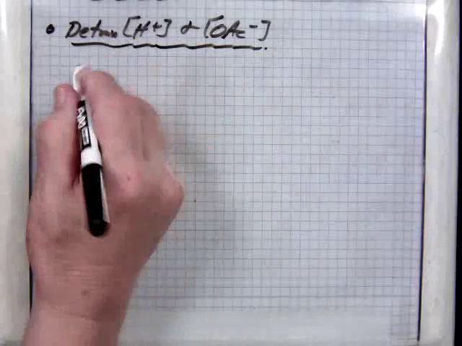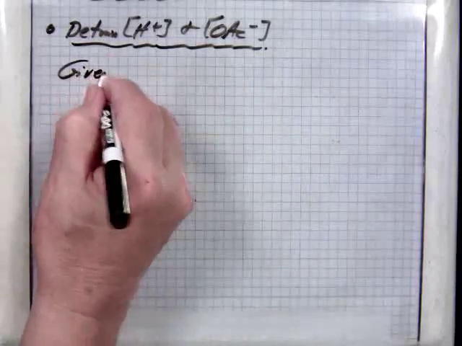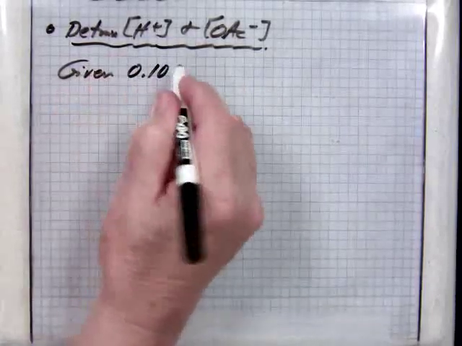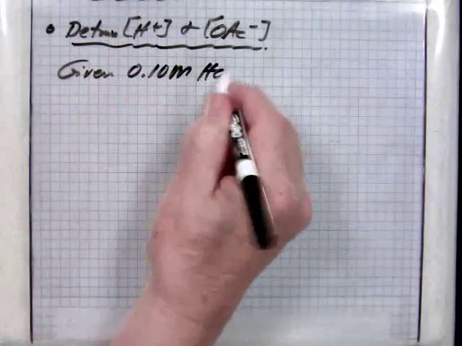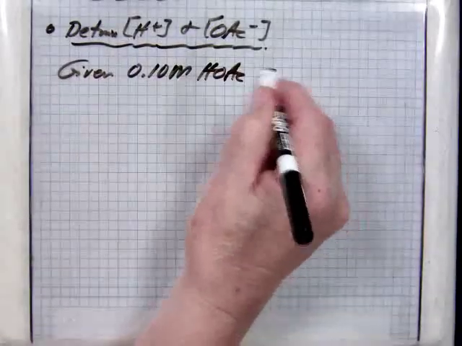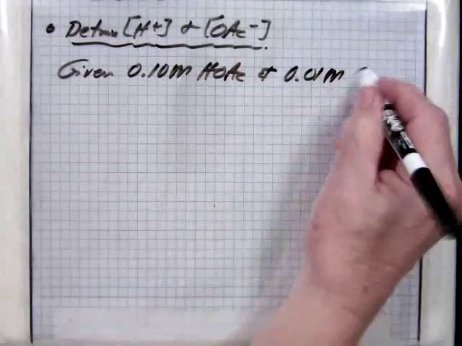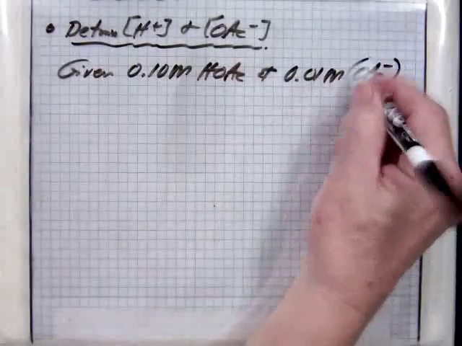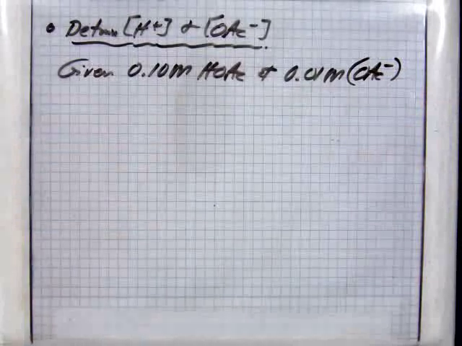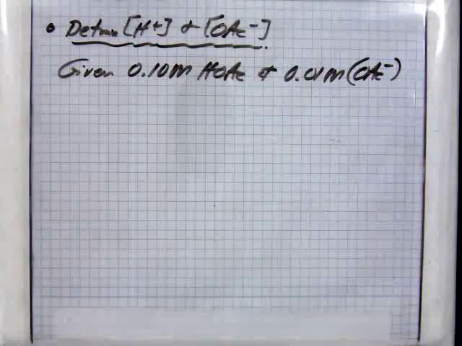So we're given a 0.10 molar acetic acid solution and a 0.01 molar sodium acetate, but the common ion is the acetate ion. So I'm just going to focus on that right here.